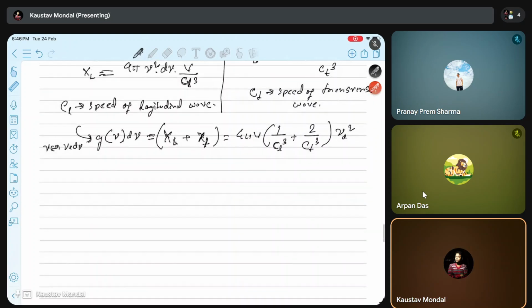Now, if you integrate g(nu) d(nu) from 0 to nu d, it would give you the total number of degrees of freedom, that is Na, the total number of molecules, into 3.